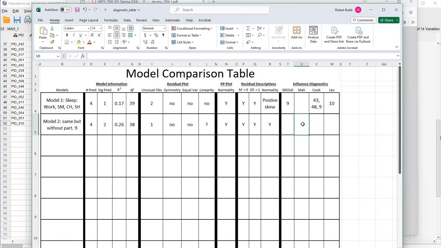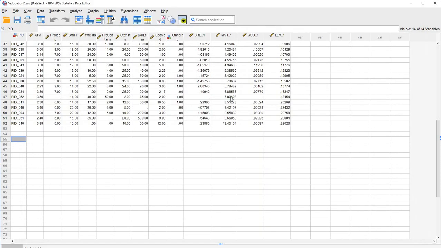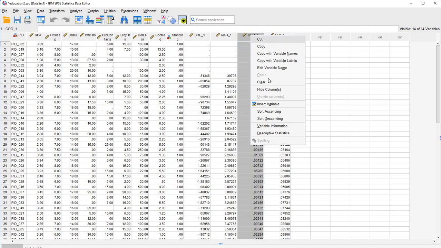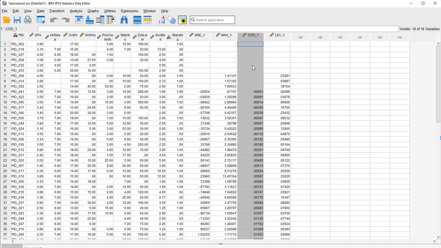All right, so let's go to Cook's distance. Remember, Cook's distance is relative to what is in your data set. So where you see gaps, essentially, is what we're concerned about. So we're going to sort our Cook's distance variable.